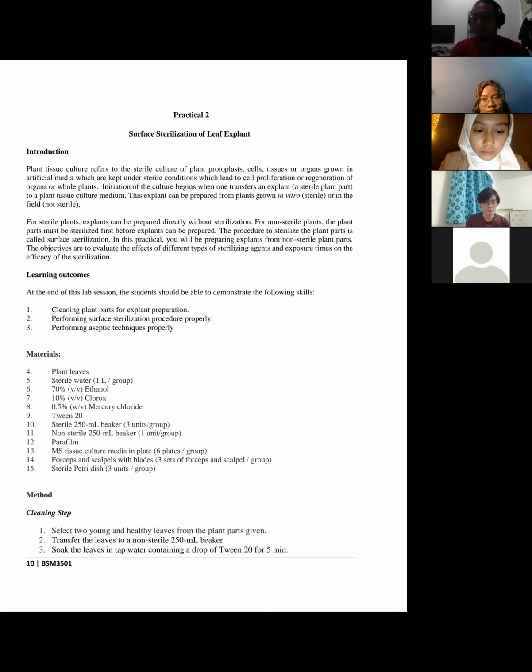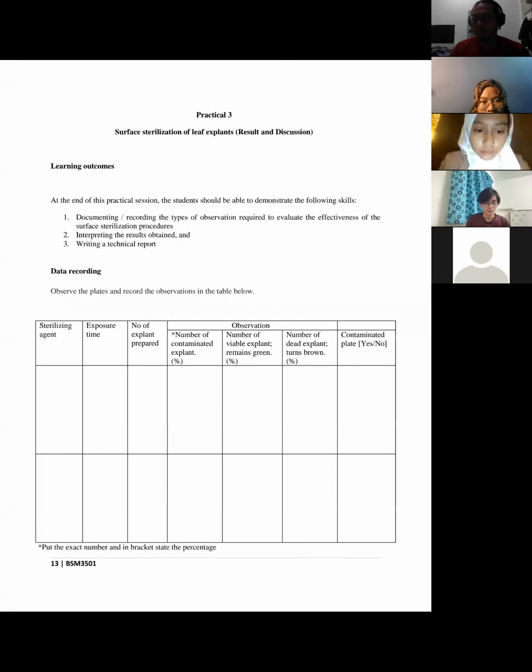So our experiment is about surface sterilization of leaf explants. Actually I wrote my observation, but it did not save in my tablet, so I had to share screen this plain table.